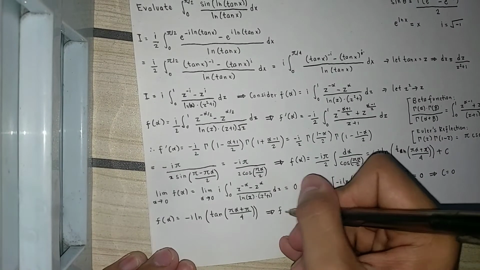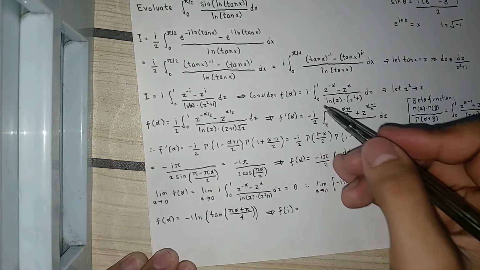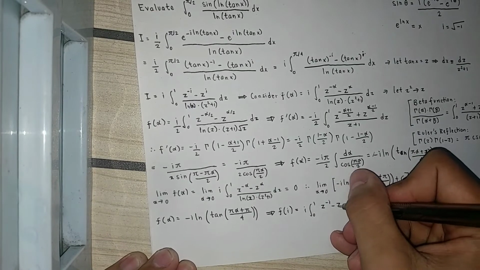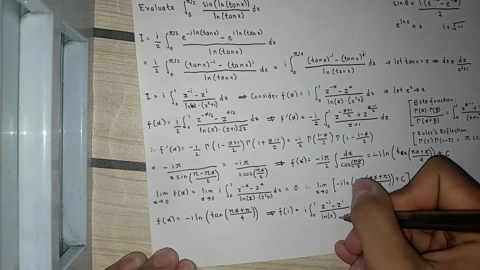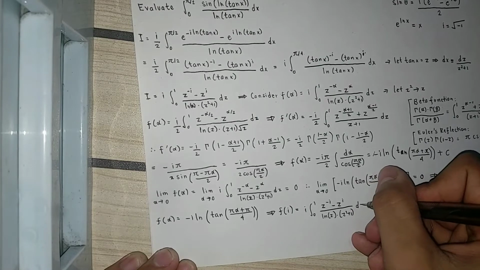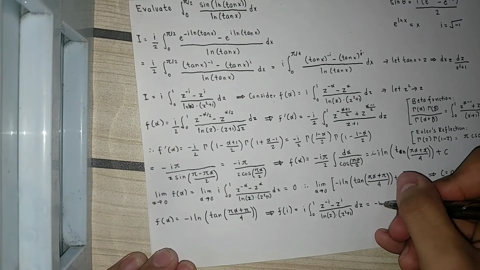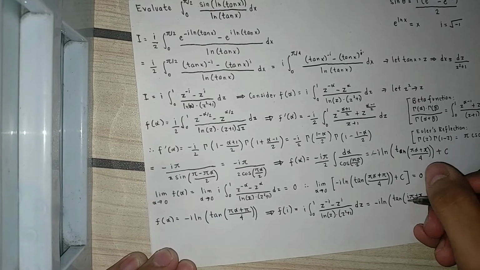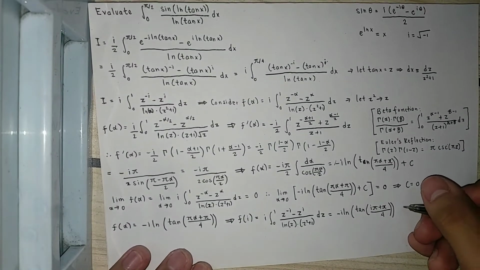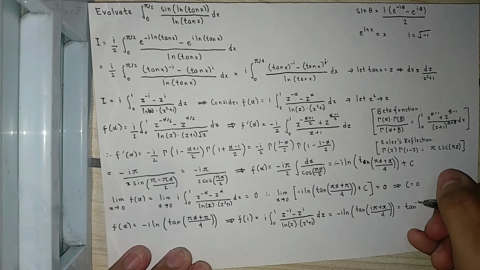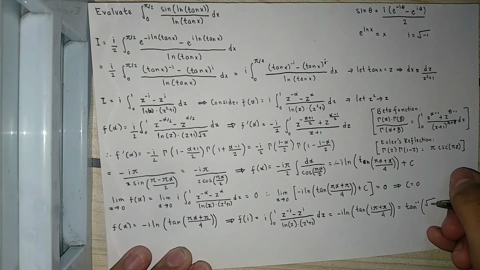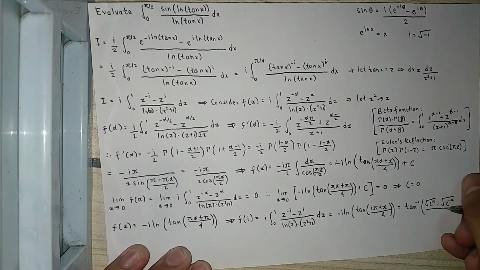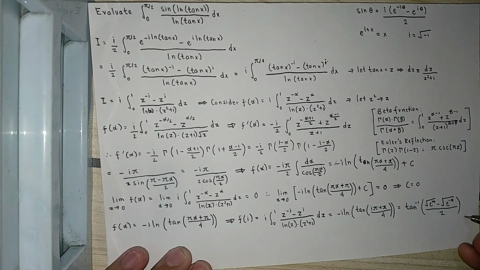Then f of i will give us this: i times the integral from 0 to 1 of (z^(negative i) minus z^i) over (ln z times (z squared plus 1)) dz is equal to negative i times ln of tangent(i pi plus pi over 4), and this is nothing but equal to arctan of (square root of e^pi minus square root of e^(negative pi over 2)). And this is our final answer to the problem.